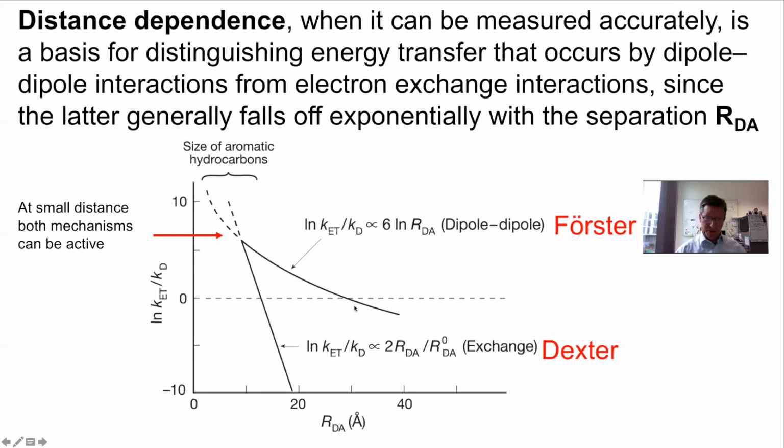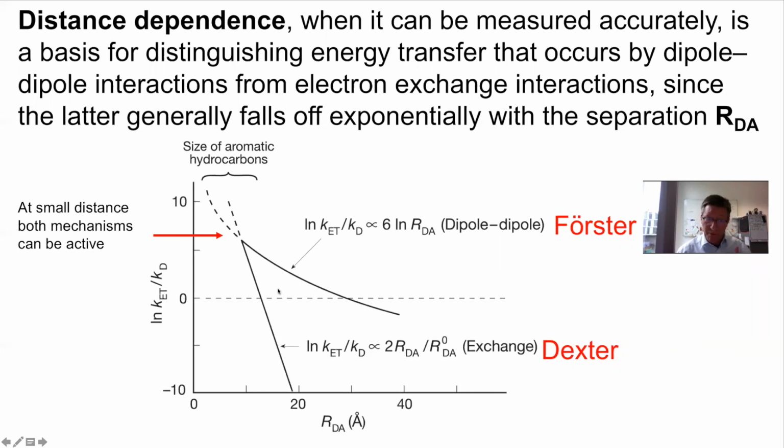That's how the rate changes with distance. For the Dexter mechanism, if you put the natural logarithm of the rate here, then it has a straight line. Now the beta actually tells you what the slope is. So if the beta is 0, then there's no slope. If your beta is very, very small, then this line can actually go like this. This is higher than the Förster mechanism.